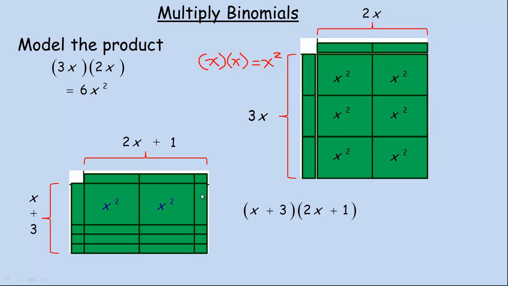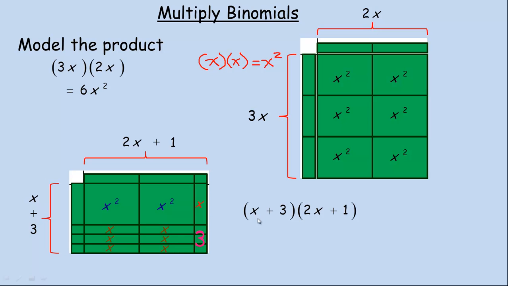This dimension right here is x. This dimension is 1. 1 times x is x. So that has an area of x. Each of these down here are the same size, so each of them has a width of 1 and a length of x. 1 times x is x. And then this would be an area of 3 down here to fill out the rest of it.